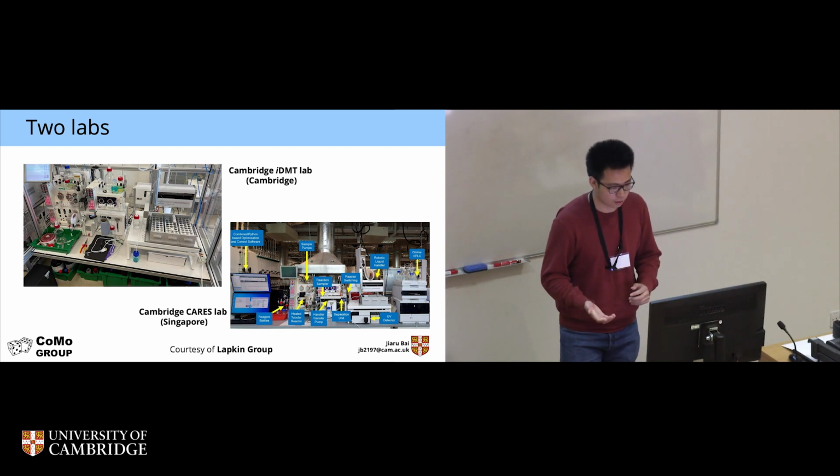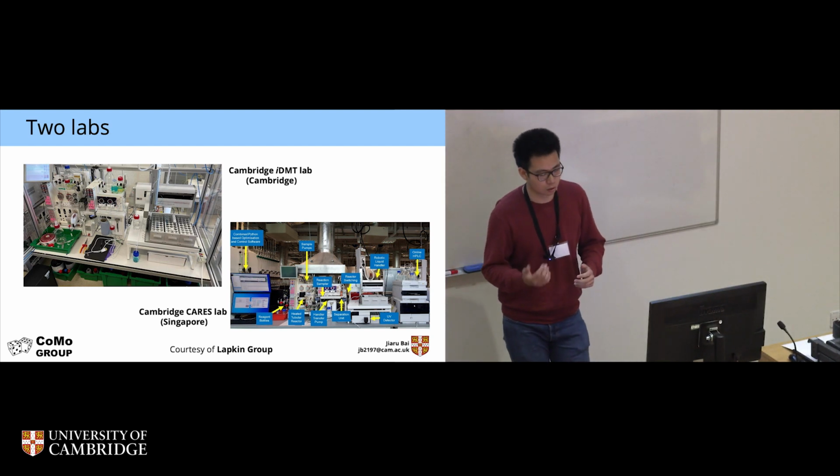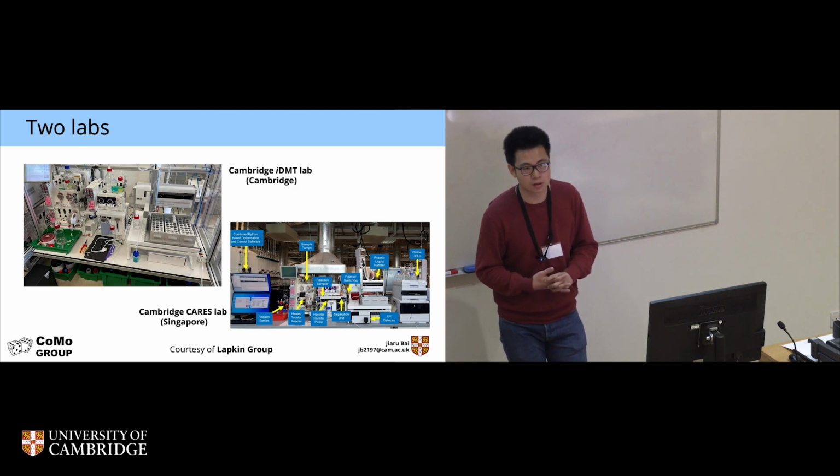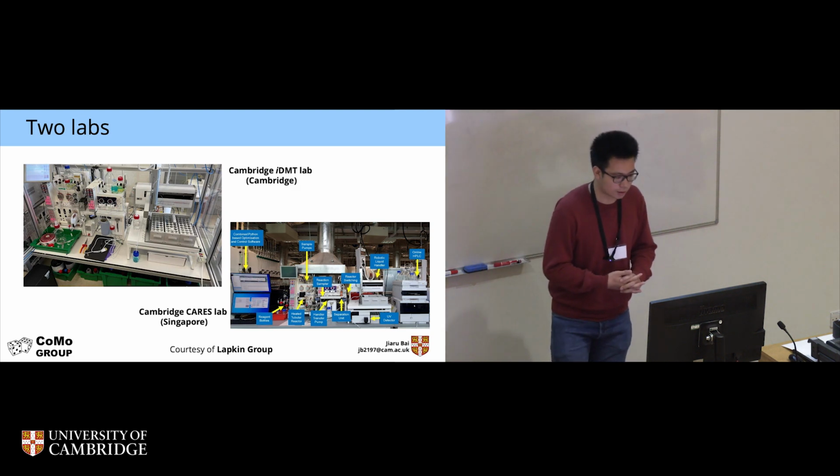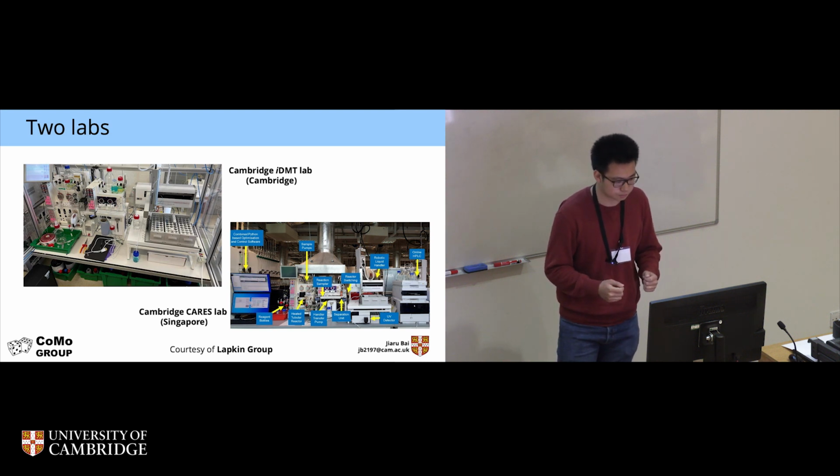As you may be aware, Cambridge has an overseas research institute in Singapore called Cambridge CARES, and there's a lab that has a flow chemistry setup. There's a similar but not identical setup at the Cambridge site, the IDMT.